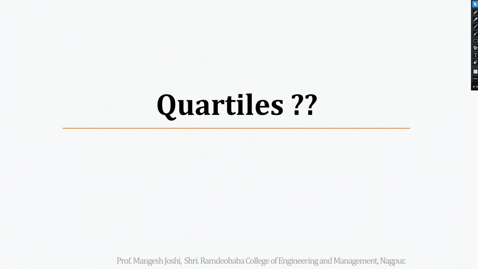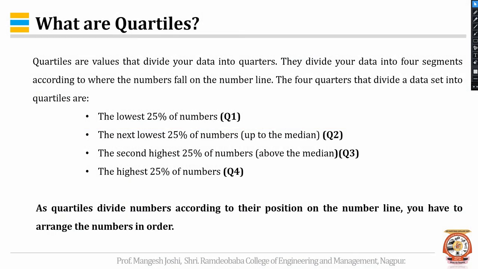A very important thing is quartiles. So what are quartiles? Quartiles are the values that divide your data into quarters. They divide your data into 4 segments according to where the numbers fall on the number line.